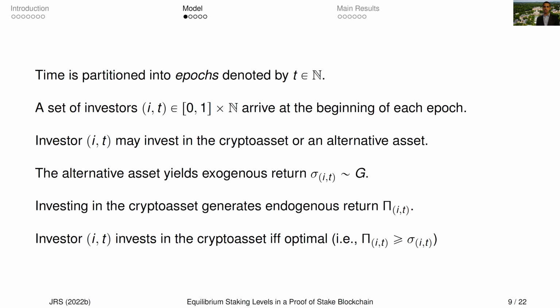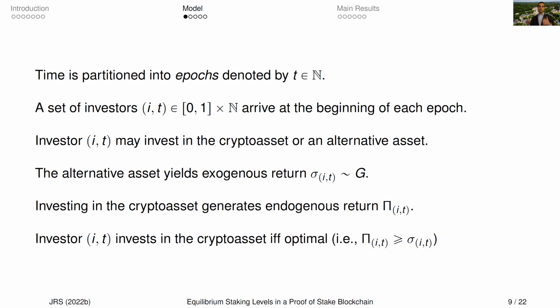We're going to spend some time figuring out what that is, and that's going to be an important piece of the analysis. But we're assuming investors are rational, so they'll invest in the base crypto asset if and only if it's optimal. If the return from investing in the base crypto asset is higher than my alternative investment opportunities, then I'm going to invest in the base crypto asset. Otherwise, I'm going to invest in the alternative investment opportunities.